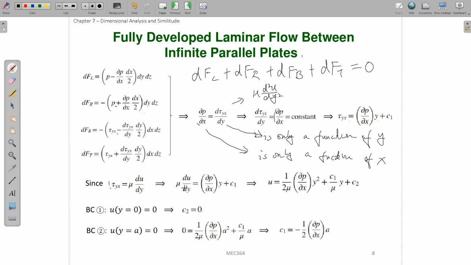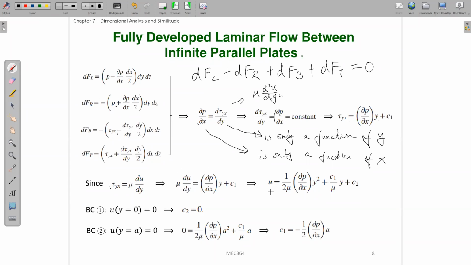And then because tau yx equal to mu du dy, you replace tau yx with mu du dy here, and because u is only a function of y, you integrate this differential equation on y again on both sides. You can find out what the u value will be.